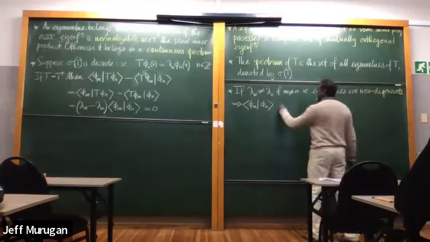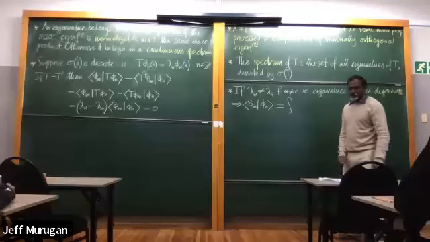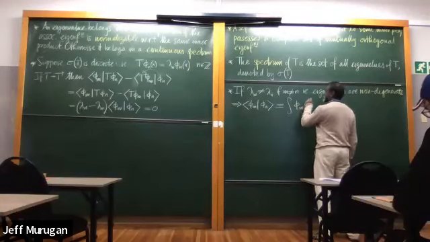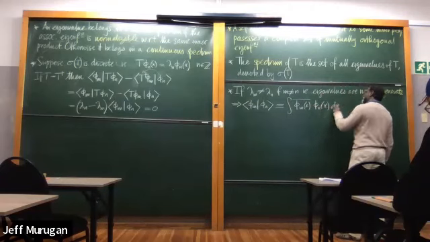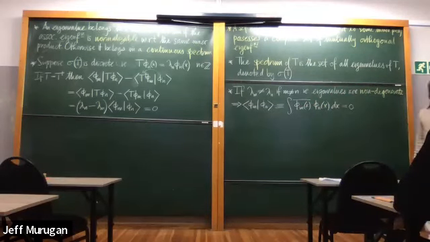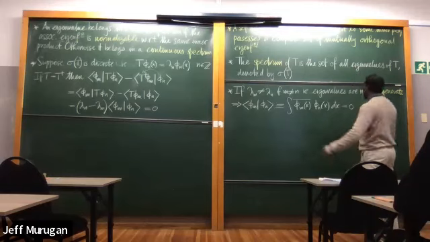So now I'm going to define my inner product as the integral of phi_m of x bar, phi_n of x, dx.